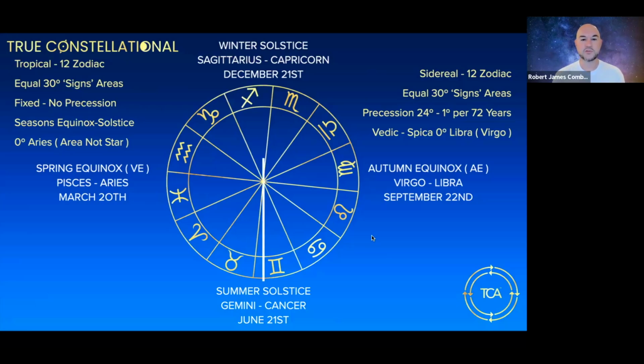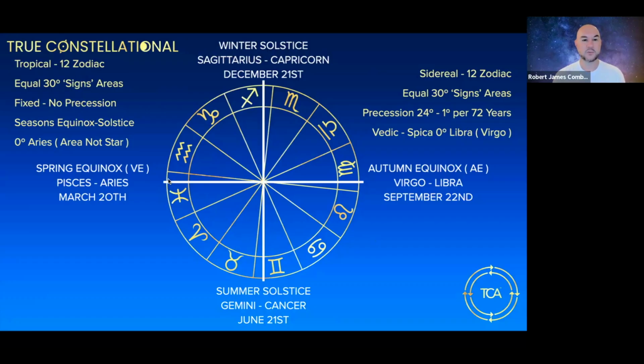And so now when I draw the line between the solstices and the line between the equinoxes, you can see that on the spring equinox, it is no longer Aries, but it's Pisces.